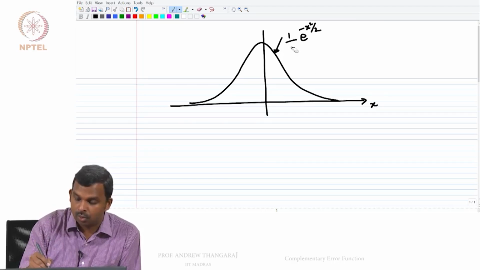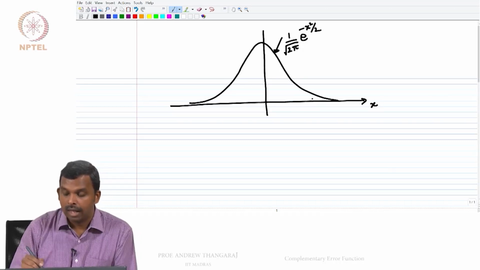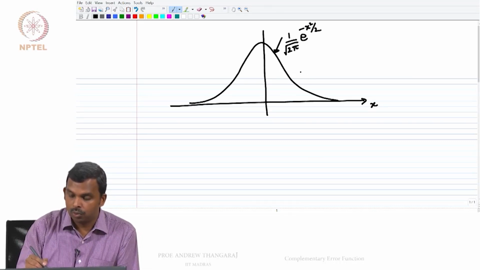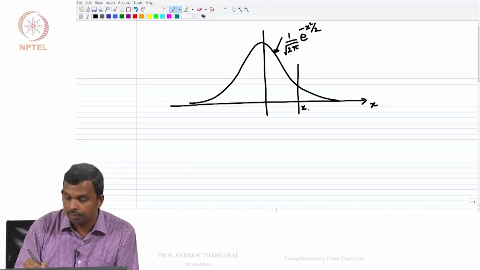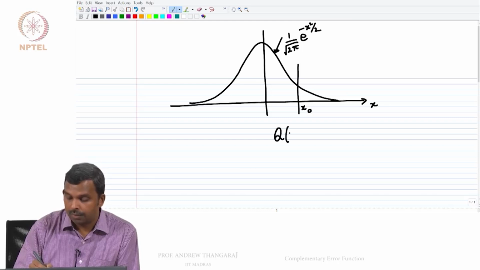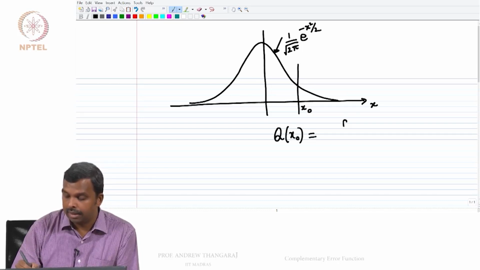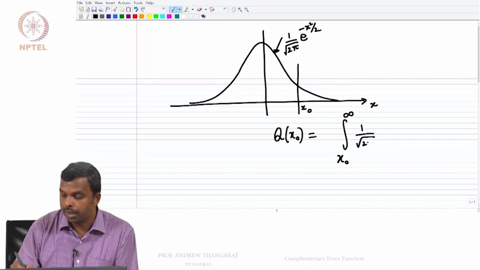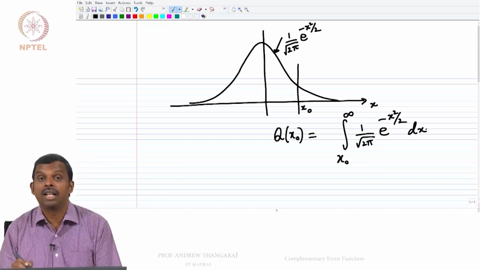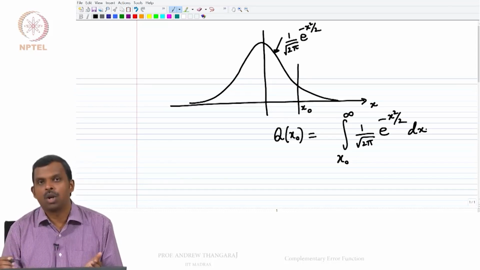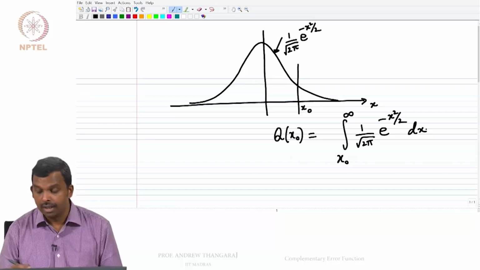And if you fix a point like say x naught, Q of x naught is defined as the integral from x naught to infinity of this function, 1 by root 2 pi e power minus x squared by 2 dx. Okay. So, this is the function that we have to implement to be able to make that plot, and that plot was with Q functions.